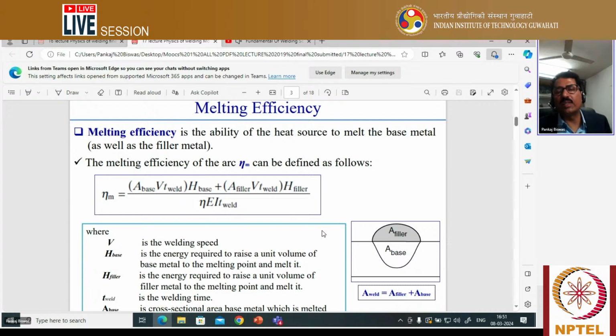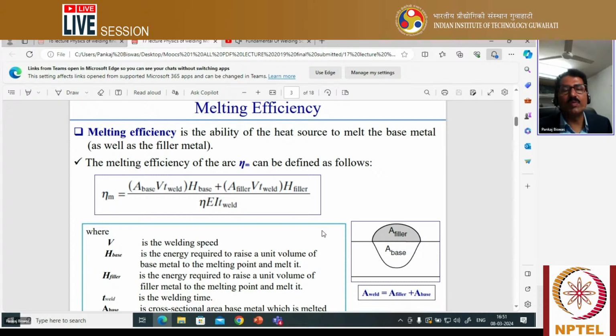In a fusion welding process, the heat actually required is just to melt the workpiece and solidify it. But from the arc, whatever heat you are supplying, all of it is not utilized, or not required to do the welding, correct?